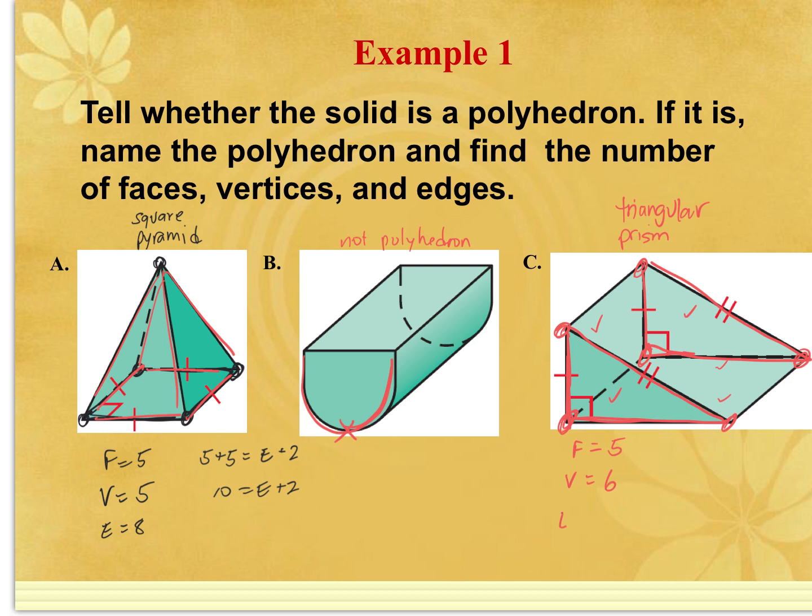Now I know my edges using Euler's theorem is going to be 9 edges, but I could just count them: 1, 2, 3, 4, 5, 6, 7, 8, and 9. So I can just look at the picture, or use Euler's theorem.